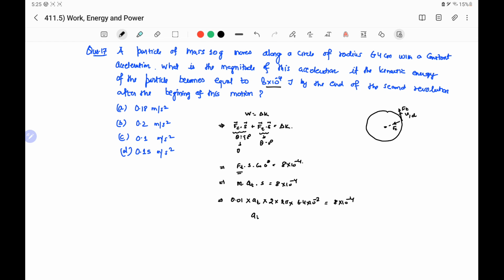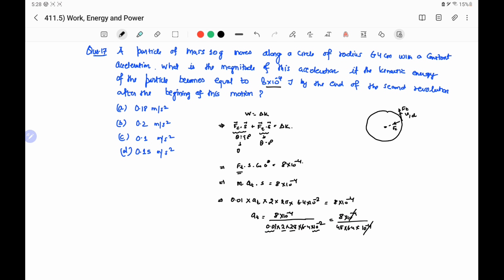So tangential acceleration will be equal to 8 into 10 to the power minus 4 divided by 0.01 into 2 into 2 pi into 6.4 into 10 to the power minus 2. This will be equal to 8 into 10 to the power minus 4 divided by 2 into 2 pi, that is 4 pi, into 6.4 into 10 to the power minus 4.